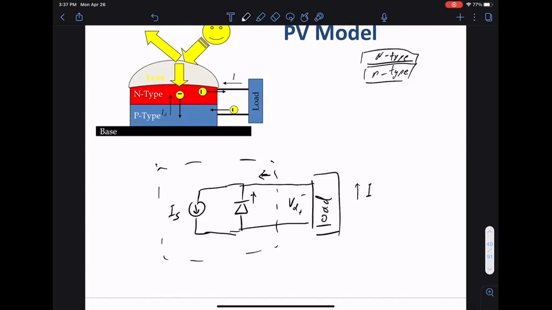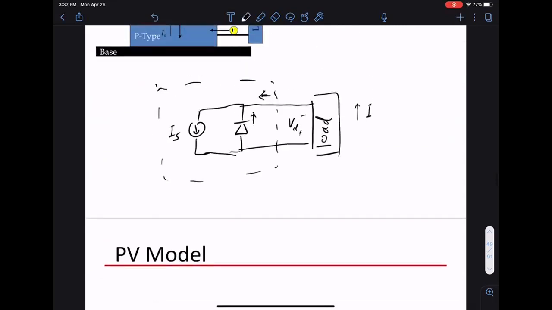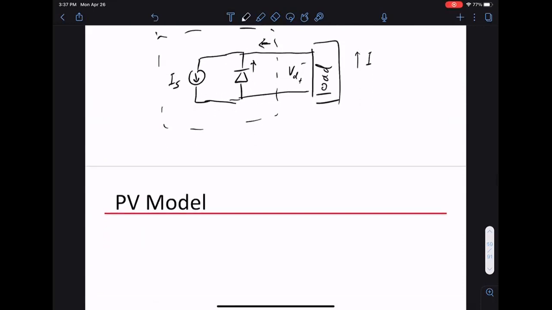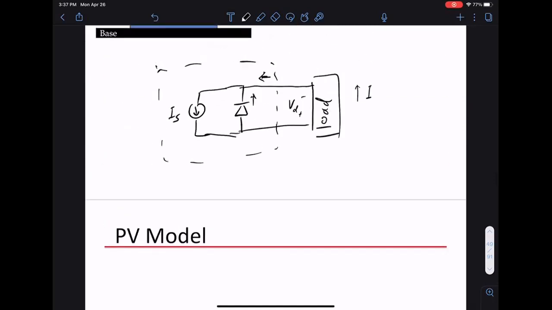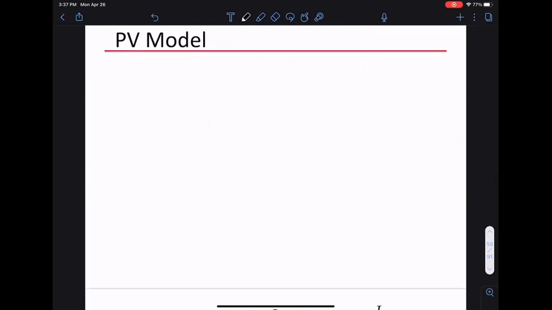That actually leads to the next slide. I really don't want to draw a diode upside down and the current going downwards. So what I want to do is flip this voltage over. The much more common way of drawing the solar cell is to flip the current source and the diode.